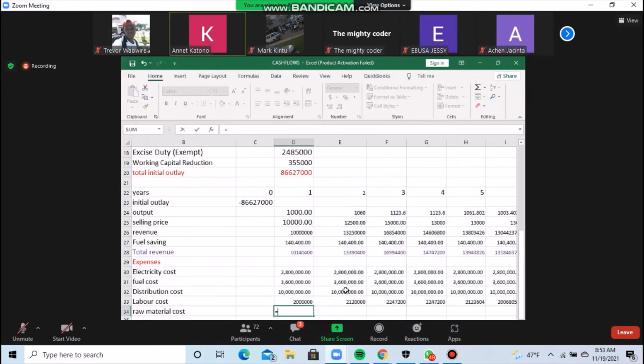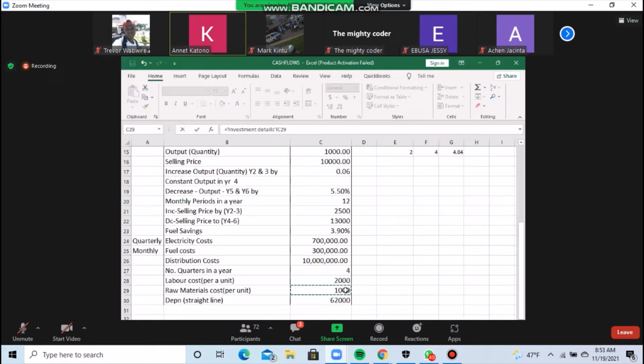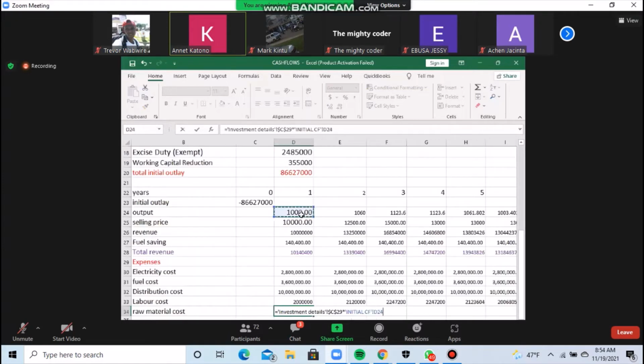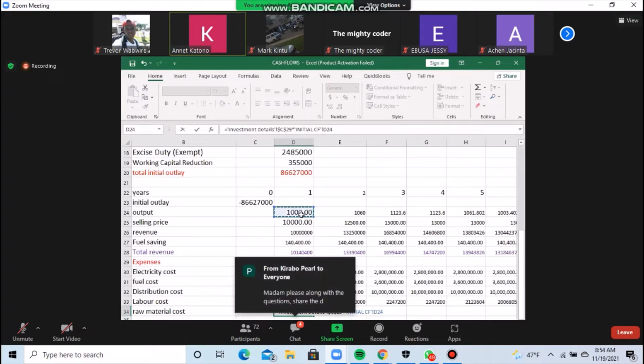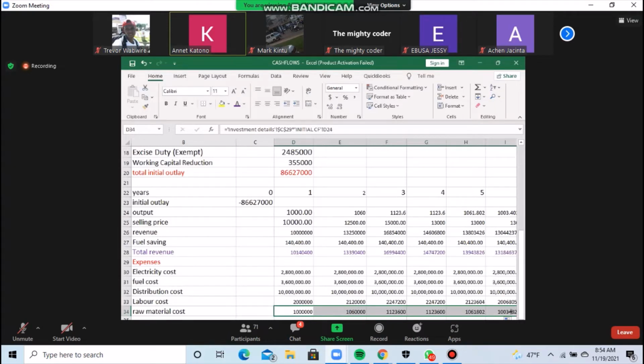Get my 1000, fix it, and multiply it by the number of units that I'm producing. Now, the question always guides us on what we are supposed to multiply with. So of the output, enter, and then we auto fill. So there you are. So that will be the material cost.